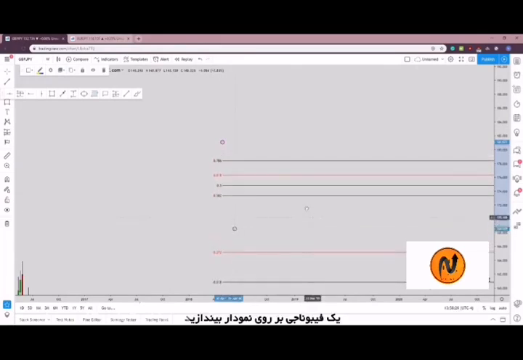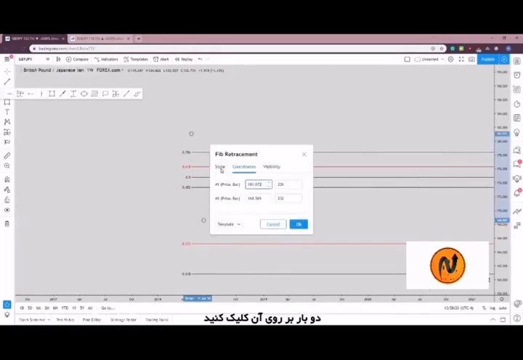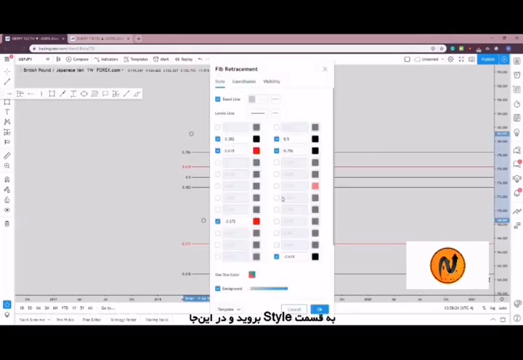You take your Fibonacci as it is, the standard in TradingView, you double click on it and you go on style. Now on style, these are the only Fibonacci levels that you need. The 0.382, the 0.618, the minus 0.272, the 0.5, 0.786, and minus 0.618. These are the only Fibonacci levels that you need.